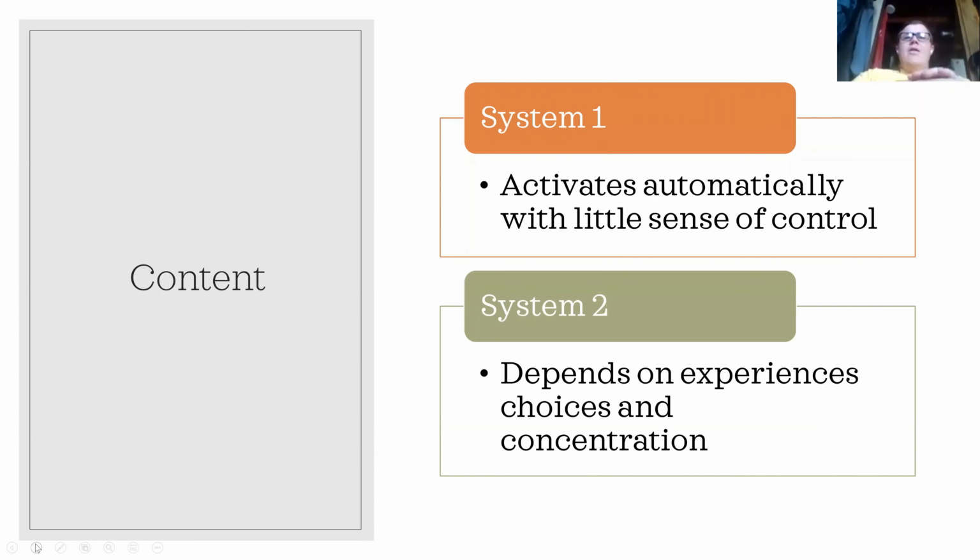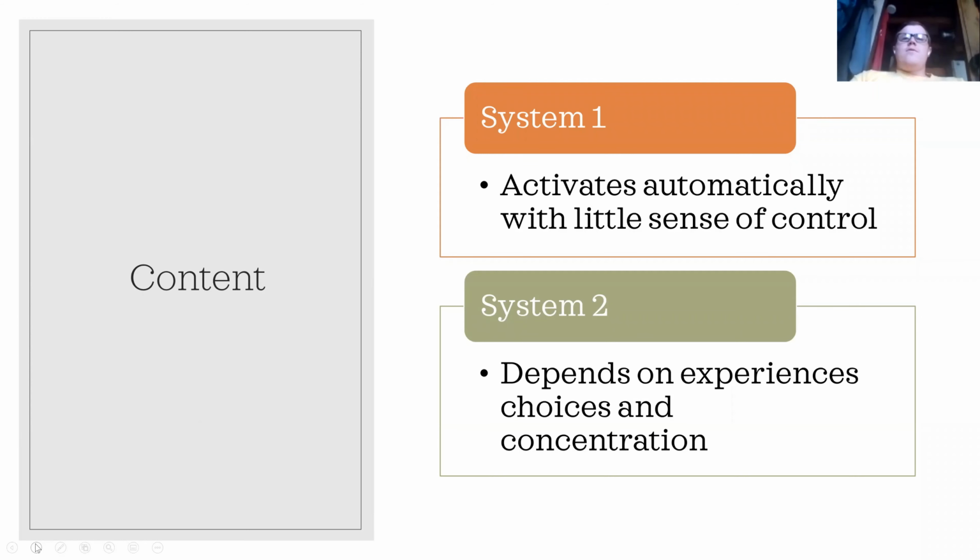So in the book, it highlights there are two different systems that the brain uses to make decisions. There's system one, which is activated automatically, and it has little sense of control. That was your immediate reaction whenever you saw Ellie's face. And then there's also system two, which depends on experiences, choices, and concentration.